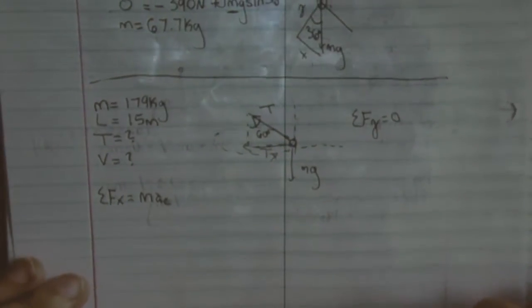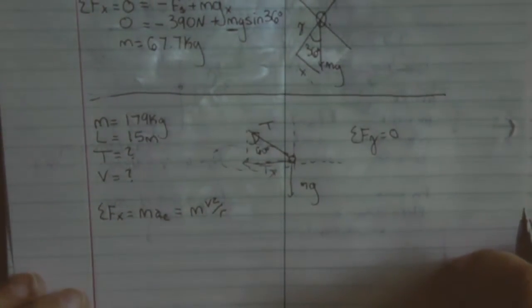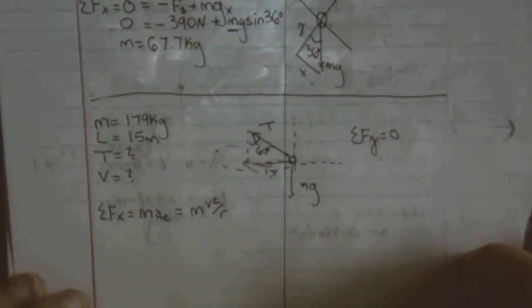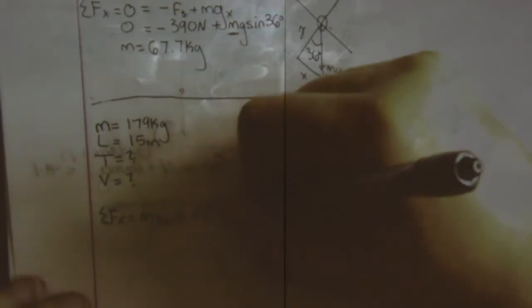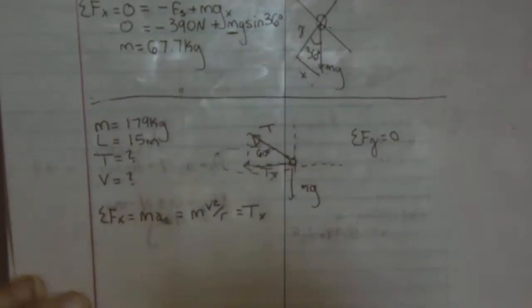So we know the sum of the forces in x, which is also equal to m v squared over r, which is also equal to the x component of tension.